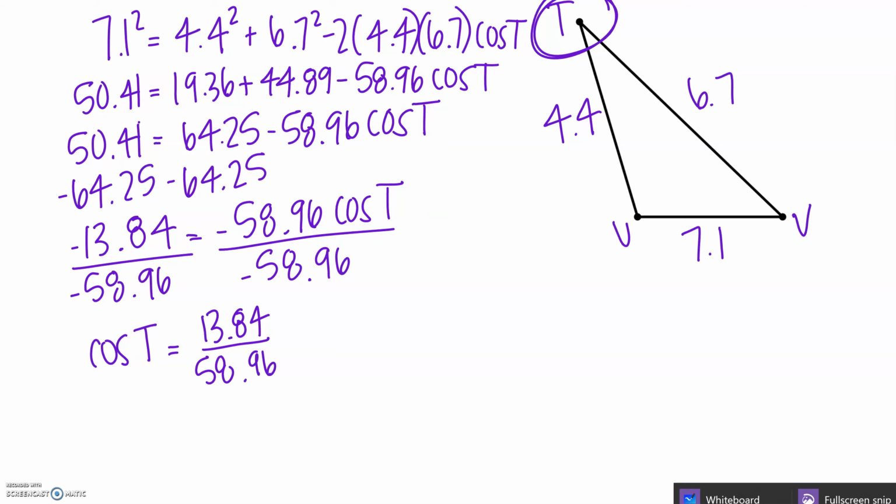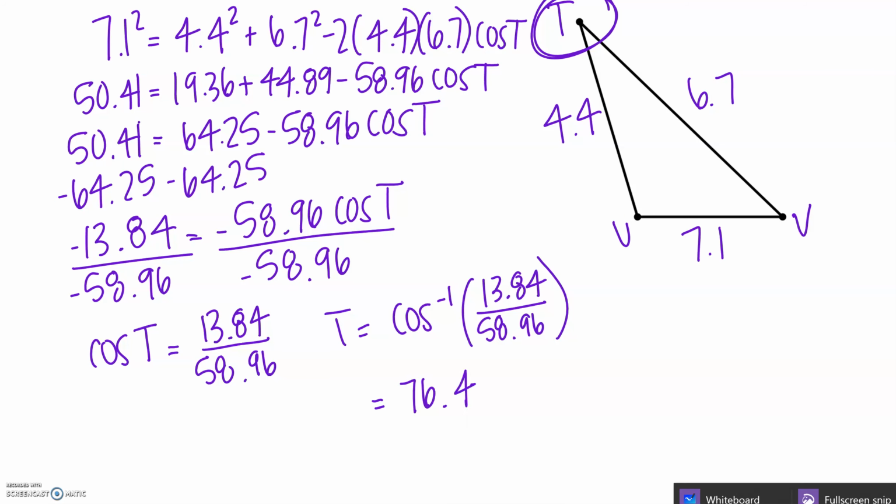So to get T by itself, we have T equals the inverse of cosine of 13.84 divided by 58.96. And when we do that, that should give us about 76.4 degrees.